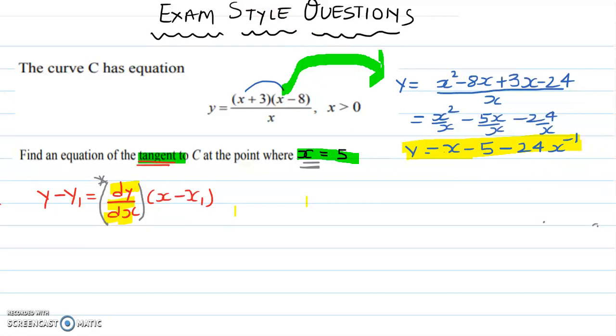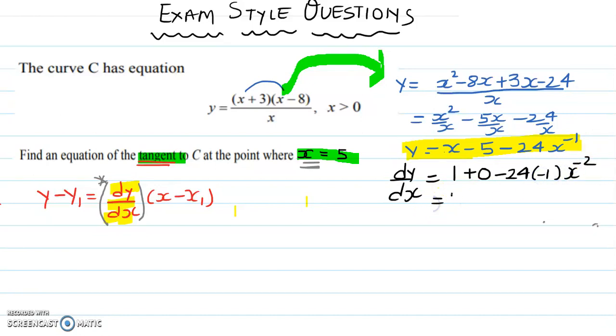So let's differentiate it. y is equal to x minus 5 minus 24 over x, so we get dy over dx. Differentiation of x is 1, differentiation of 5 is 0, and this minus 24, this minus 1 is coming forward, so x to the power minus 2.